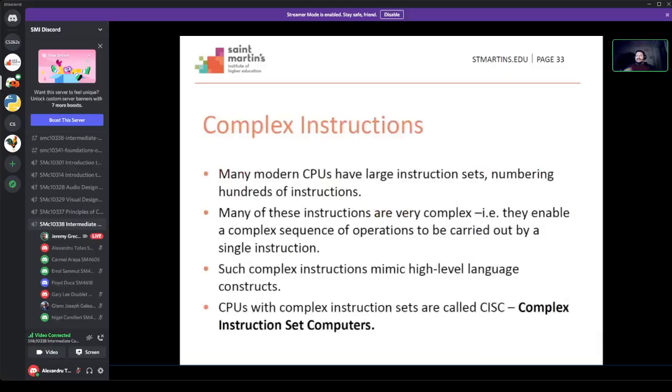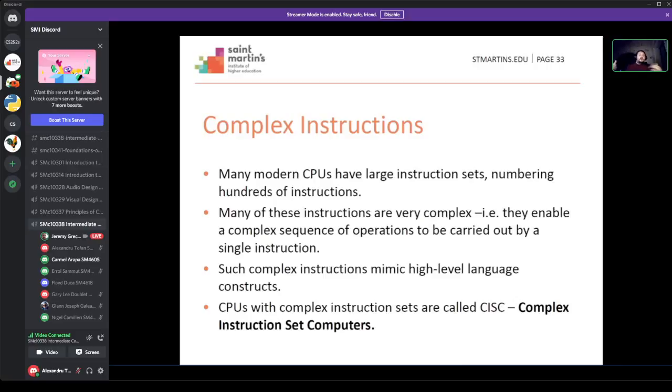So, a CISC CPU basically means a complex instruction set computer. Okay? What does this mean? It means that the CPU will have a large number of instructions that it can execute very quickly by flicking on a switch within the CPU itself.